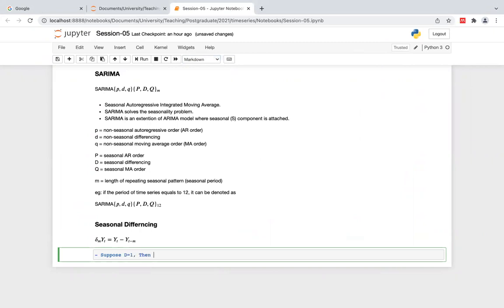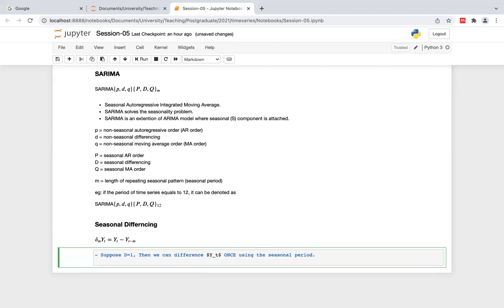Then we can difference y sub t once, because D is 1, using the seasonal period.